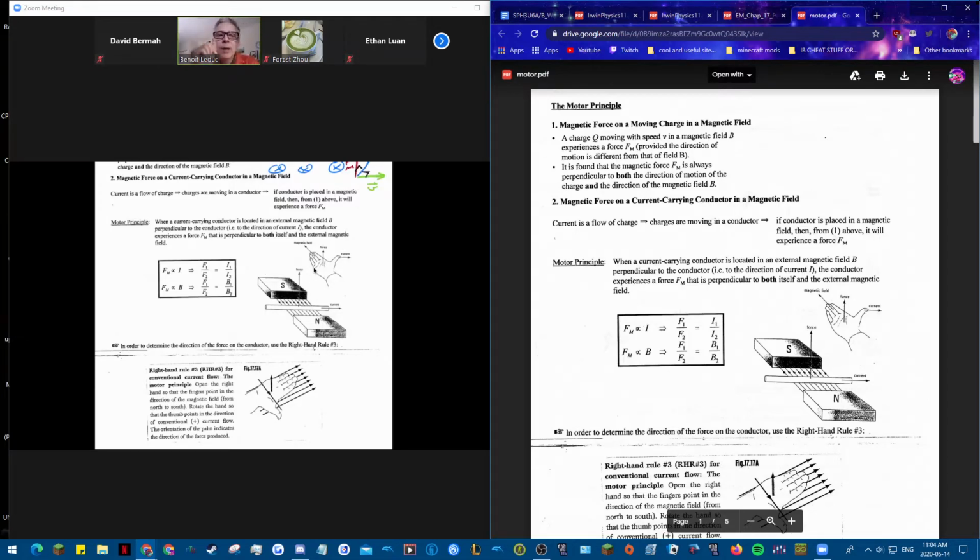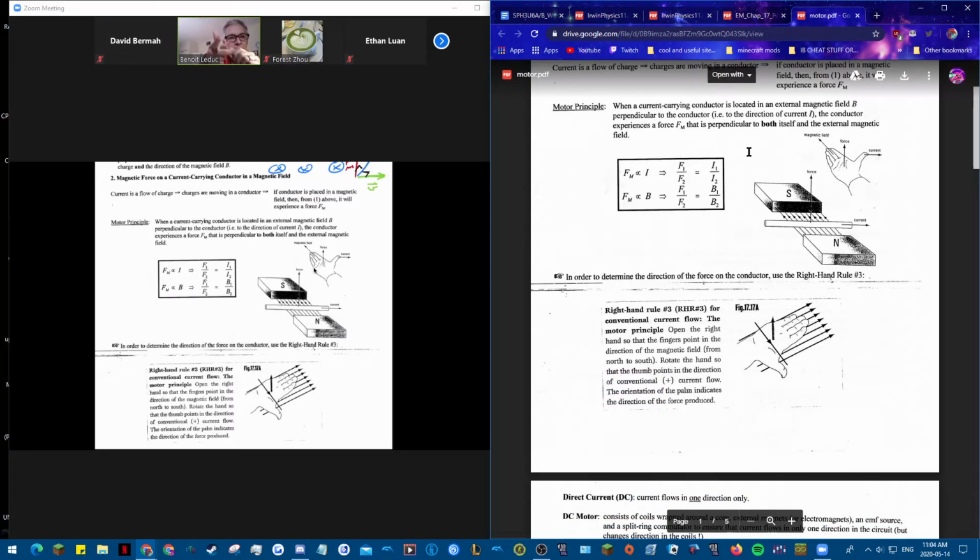What I prefer is this: you take your right hand and form fingers all perpendicular to each other. You see that? It looks like a gun, right? So I call this the FBI agent. FBI. The middle finger here stands for F, the force, right?